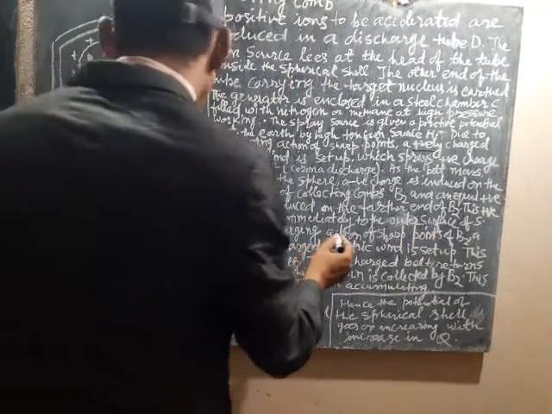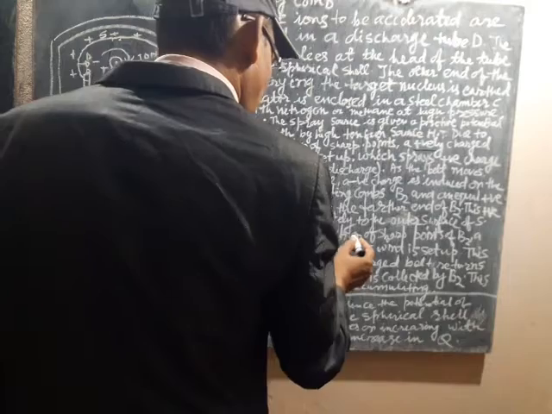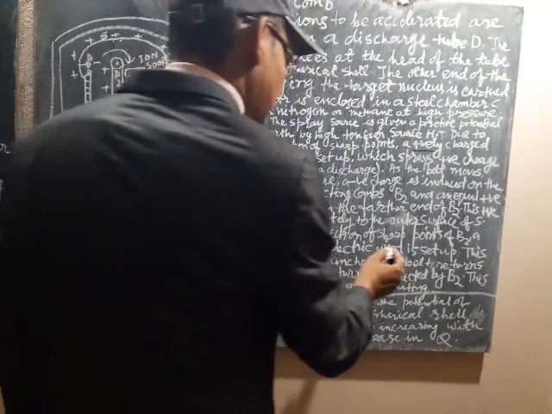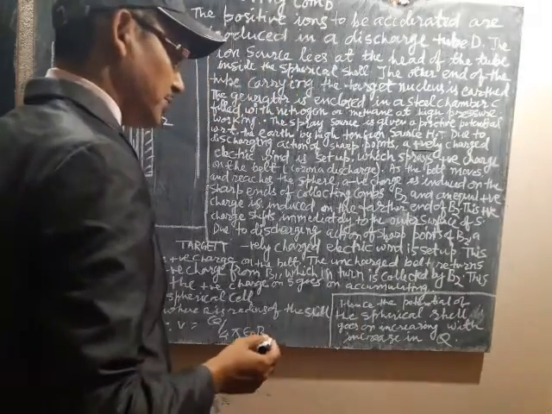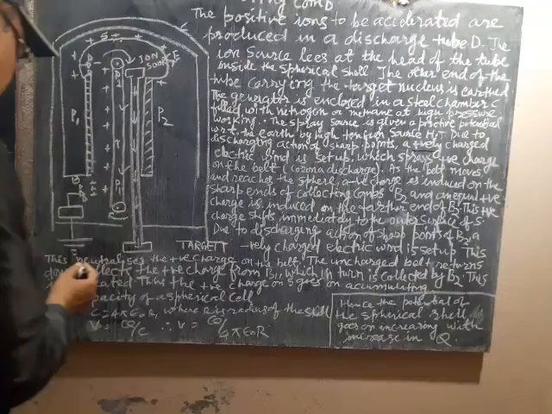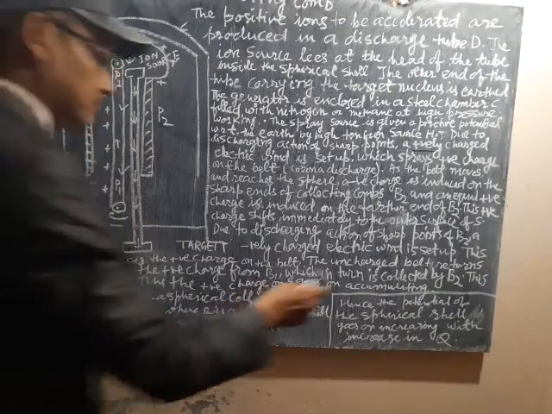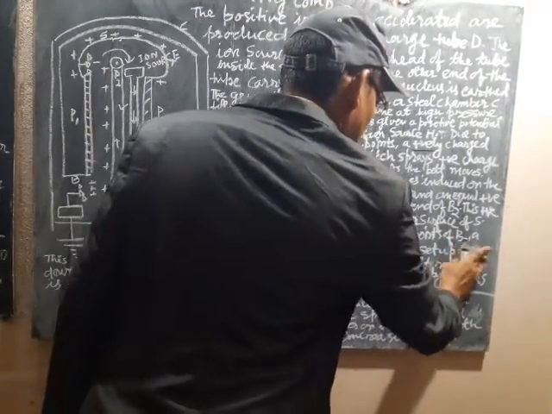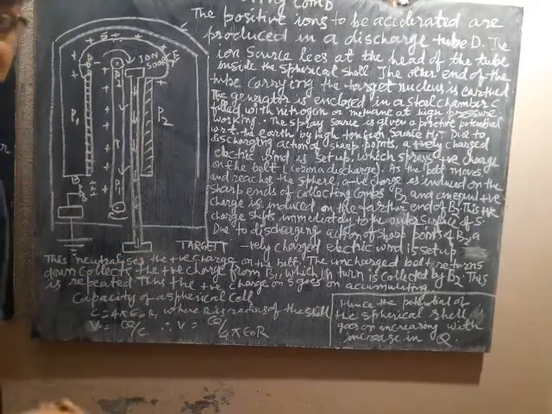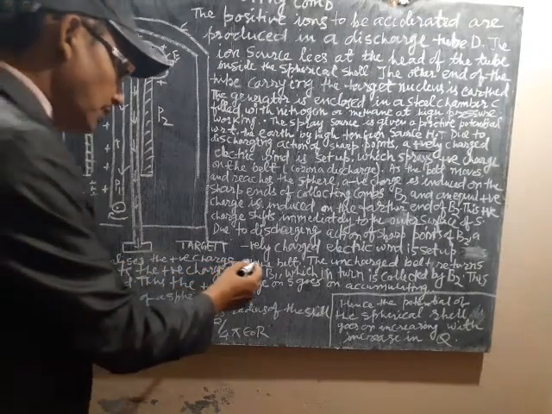Due to the discharging action of the sharp points of B2, a negatively charged electric wind is set up. This neutralizes the positive charge on the belt.